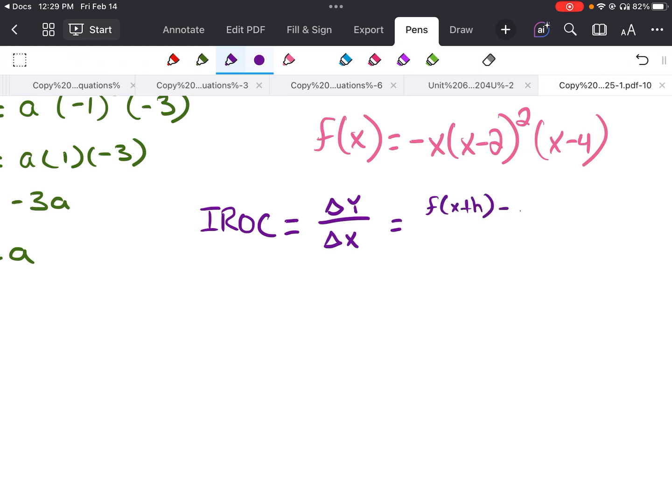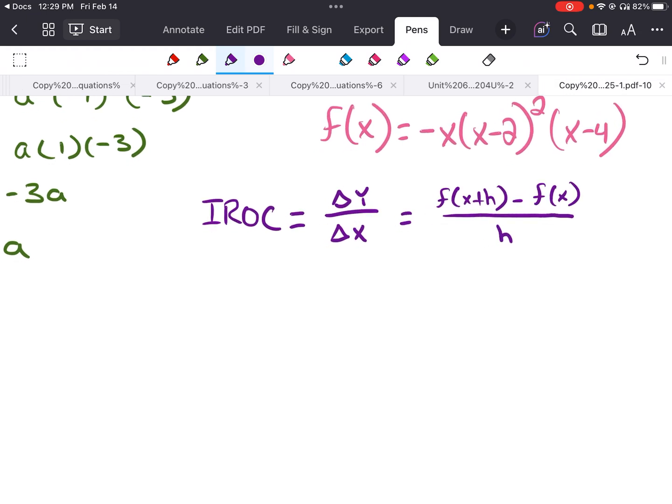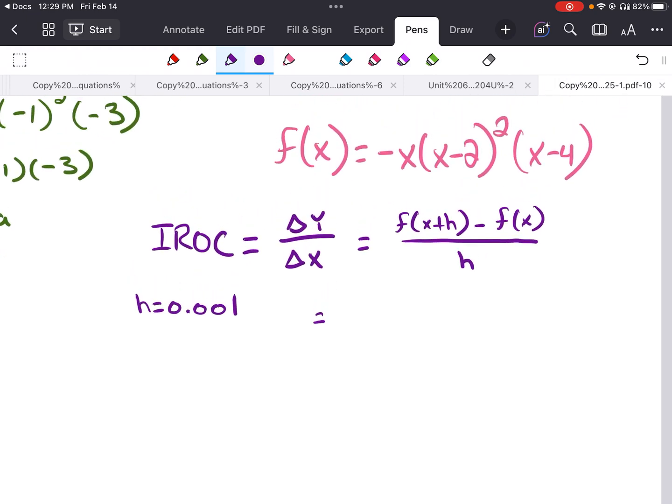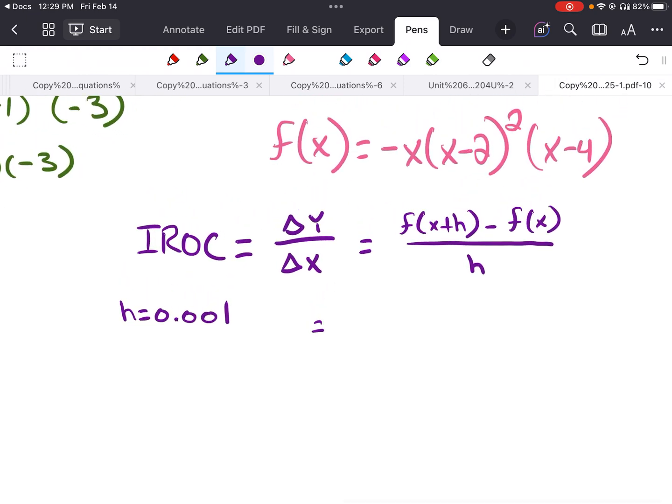So it's f(x + h) minus f(x), divided by h. Okay, and we're going to make h equal 0.001. And as you know in the question, it's asking us to find the IROC at (2, 0), so when x is 2. So let's work this out.